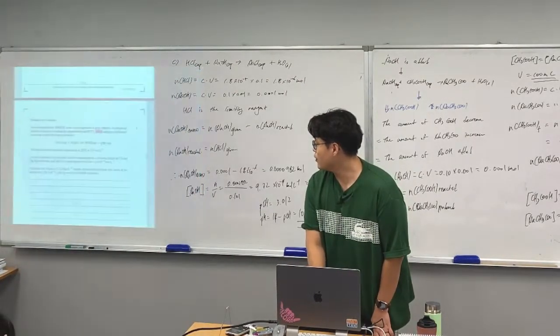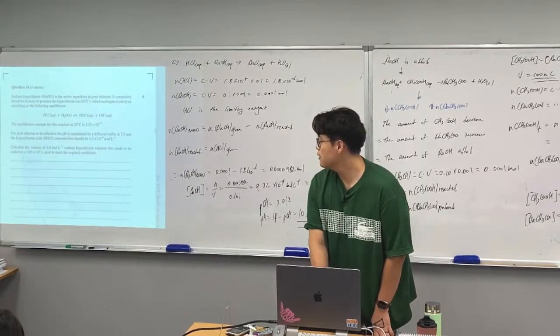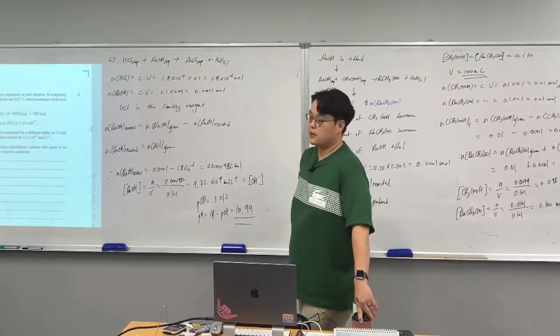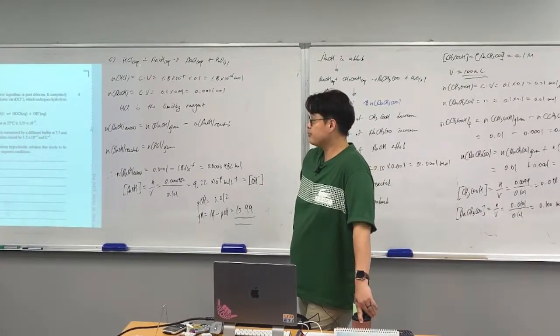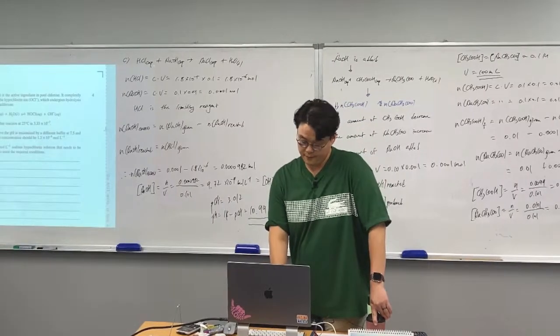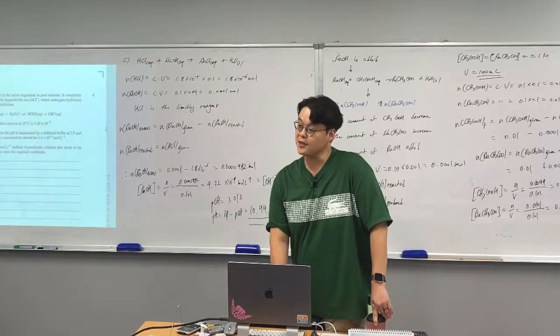Question 34, 2022 HSC. This 4-marker question is one that I found difficult but interesting. It's a bit early to do this question yet because we need to understand buffers. But that's the question.